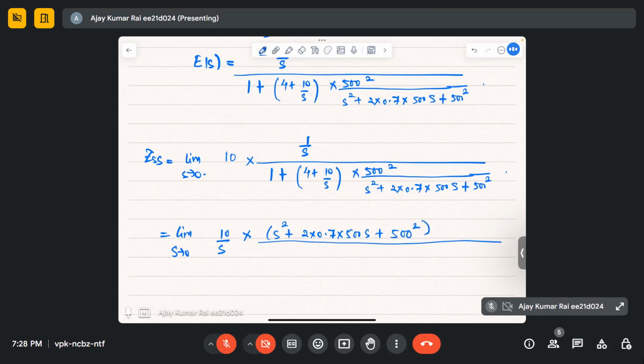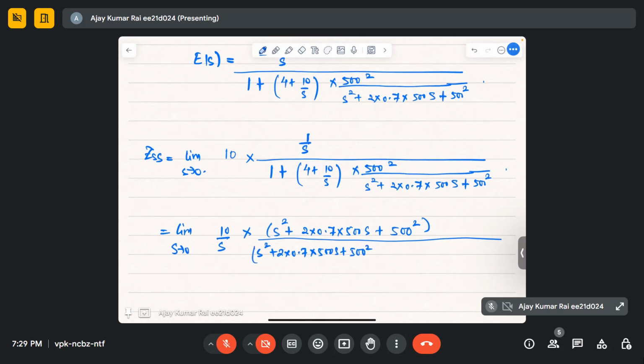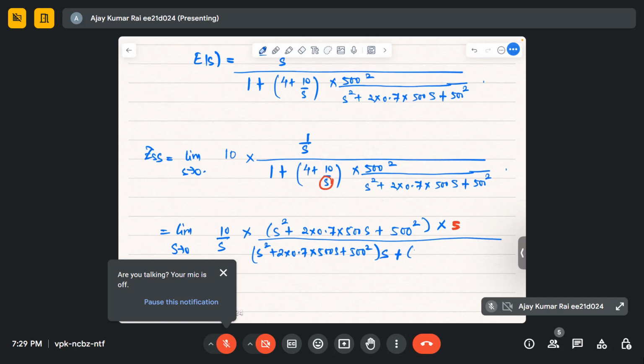Okay, and in the numerator you'll also get one more S. This will be multiplied by S plus 4S plus 10 into 500 square.